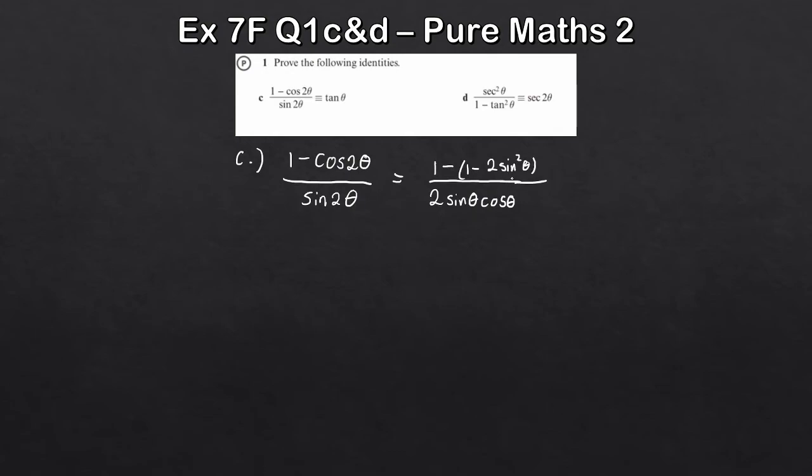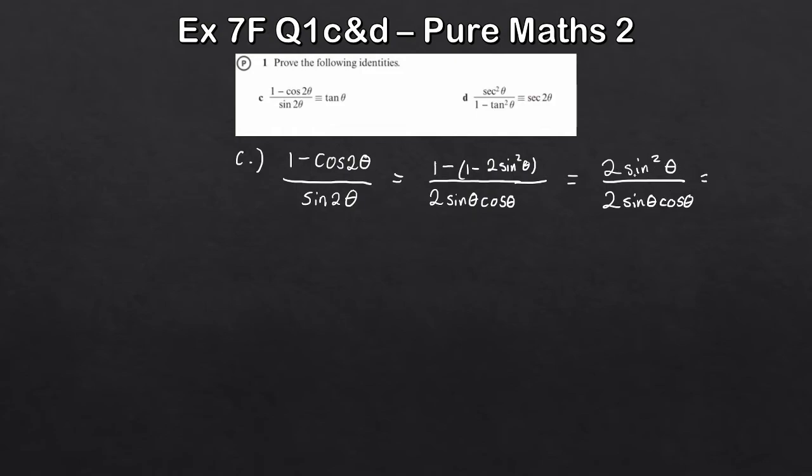Right, and what we're hoping here is that the 2 sine theta here will cancel up here, and we're just going to get left with sine theta over cos theta. So 1 minus 1 will be 0, minus 2 sine squared theta will just give us the positive of it. Like so.